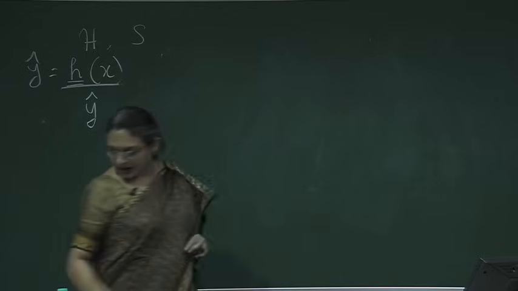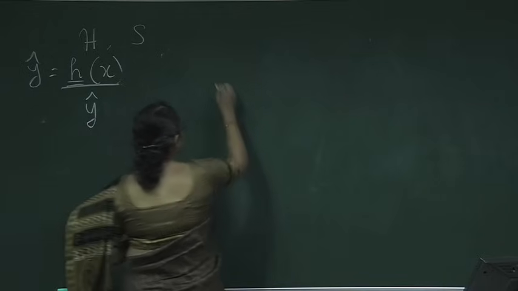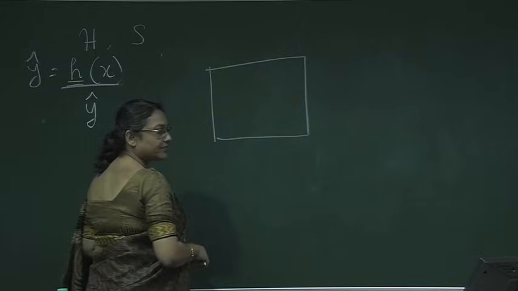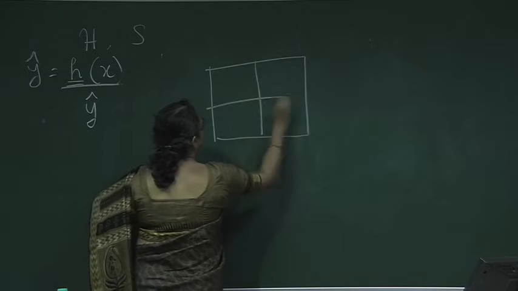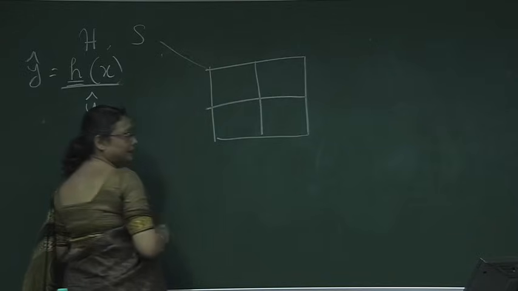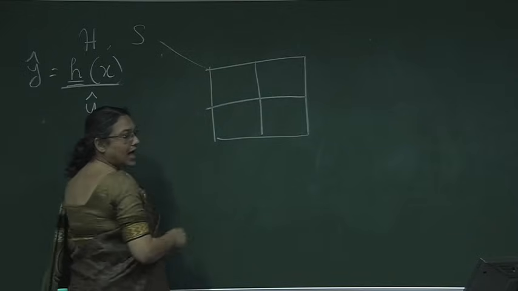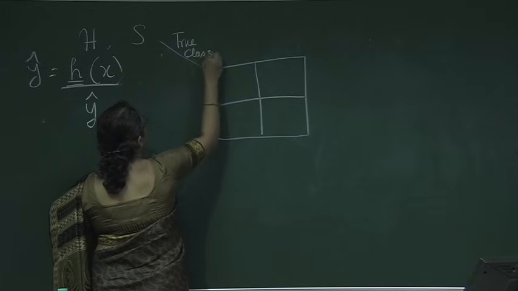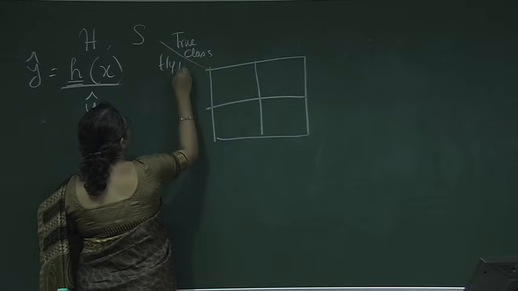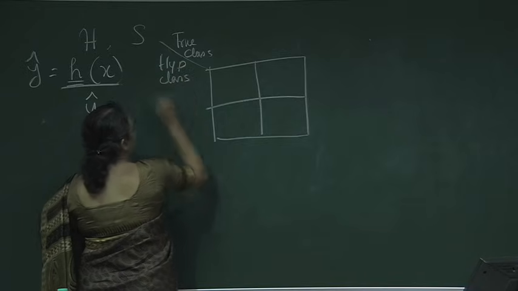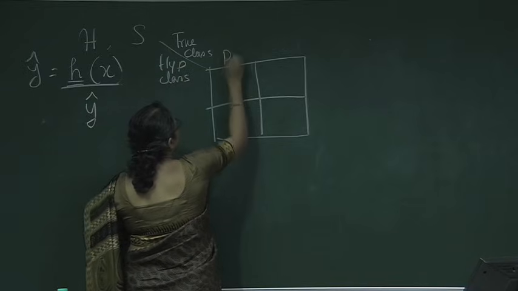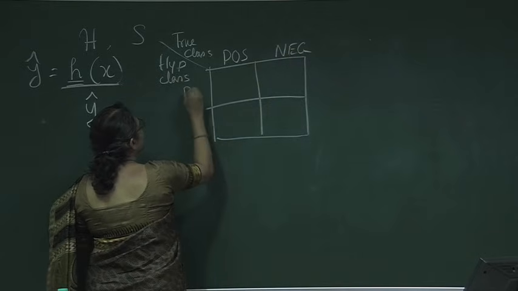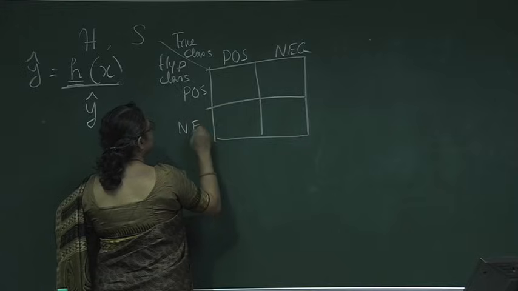In a confusion matrix, suppose you have a 2-class classification problem and you have a set of examples on which you are testing, and on this side you have the true class and on this side you have the hypothesized class. So, the true class can be positive or negative and the hypothesized class can be positive or negative.